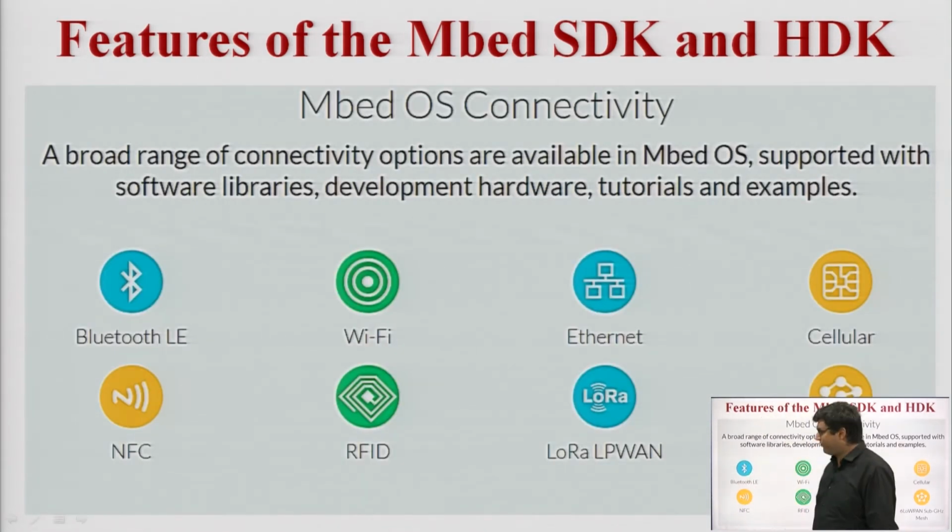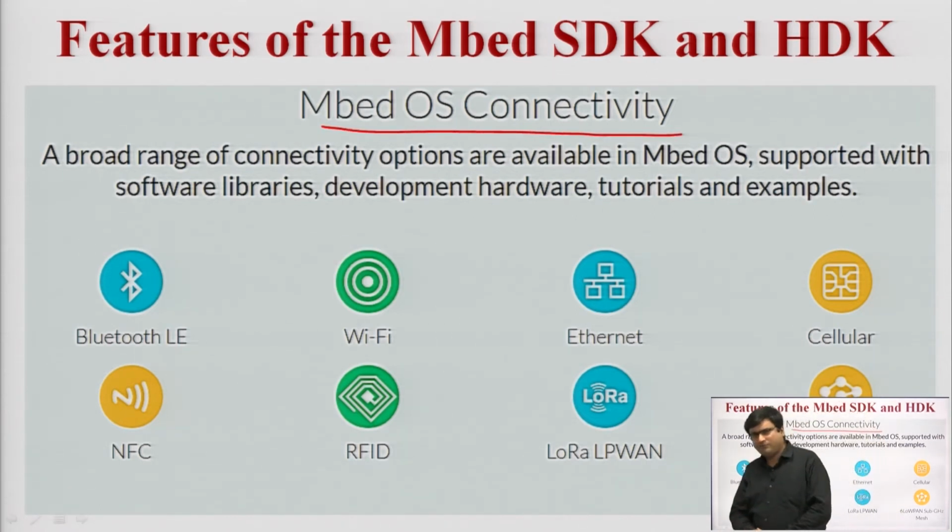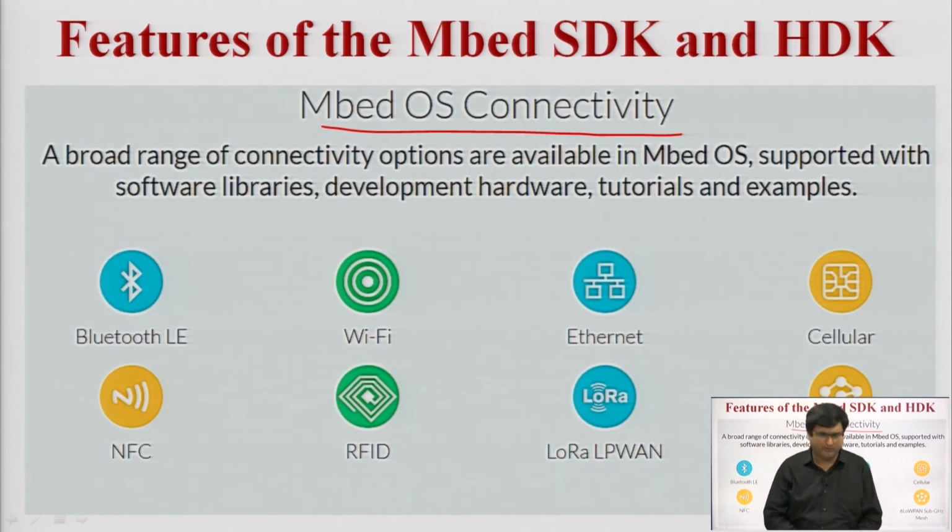So, features of the embed SDK: we will discuss the embed OS connectivity. We have written the program and run it on the microcontroller, but when we are transmitting the data collected by the hardware devices, we need IoT connectivity.